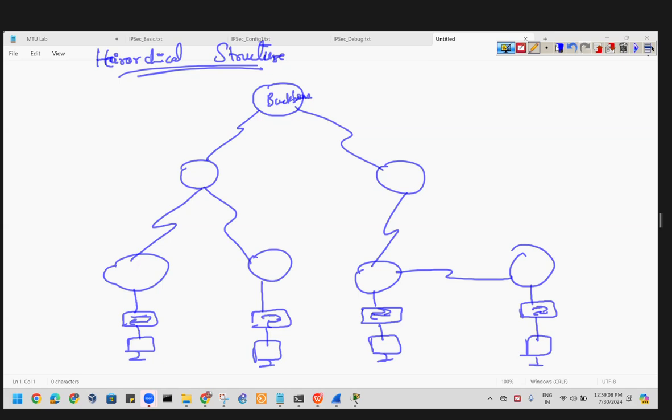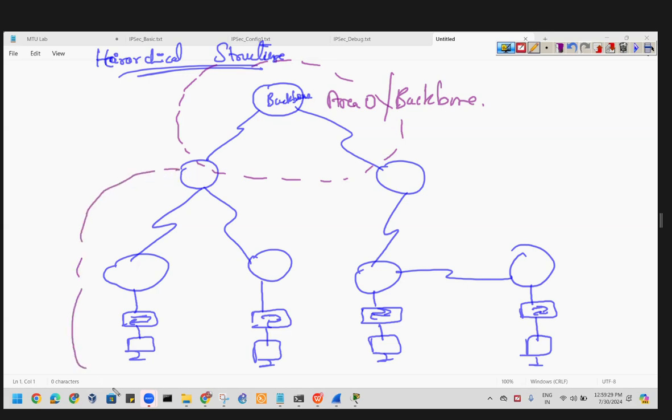Now let's divide them into areas. Consider this is area 0, which is the backbone area. Then this is area 1 and this is area 2.